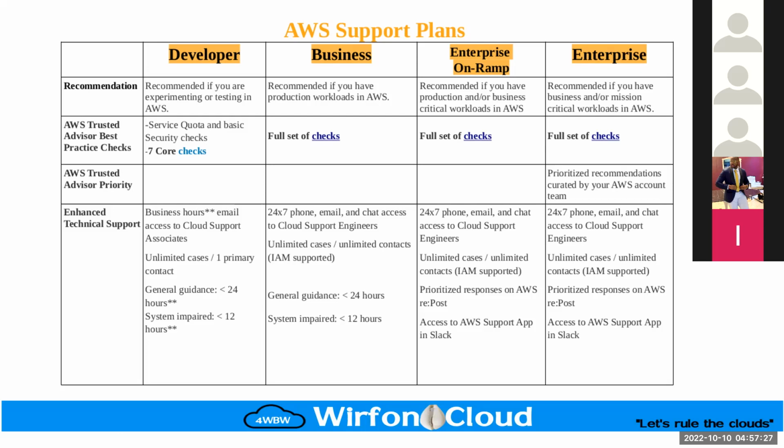Thank you. So you will see that they will ask questions and they will play with these words. You will need to be able to identify which one is referring to enterprise On-Ramp, which one is referring to enterprise or business, because they can ask you which is the most cost-effective support plan that covers, for example, the production workload.